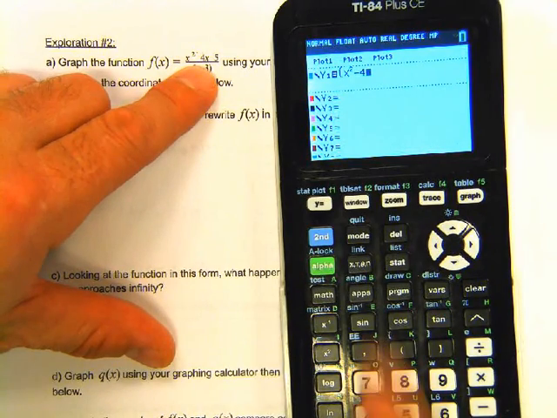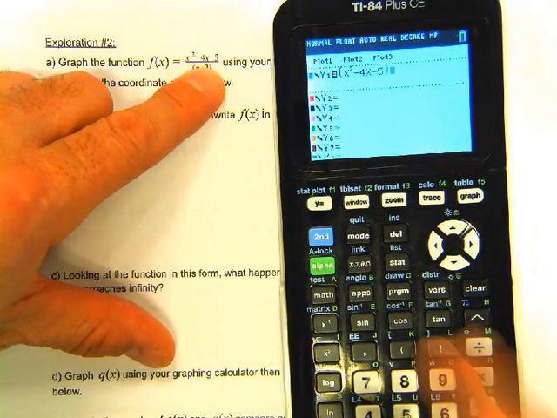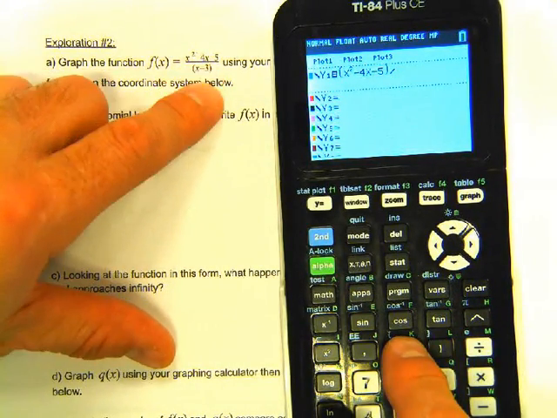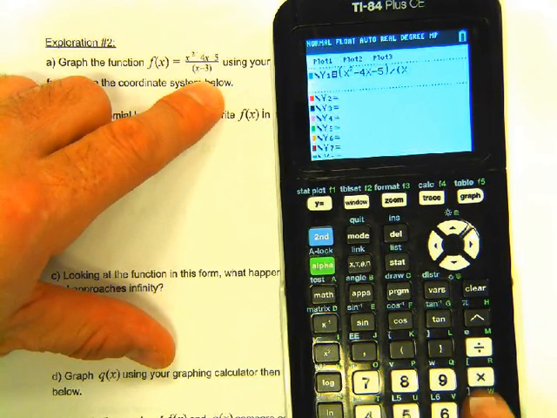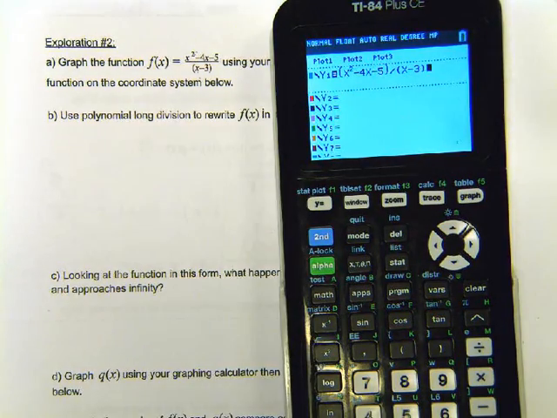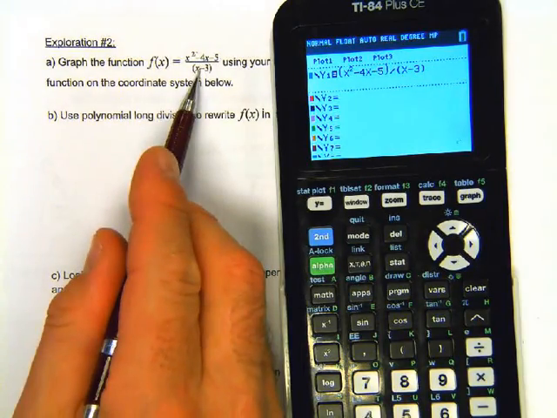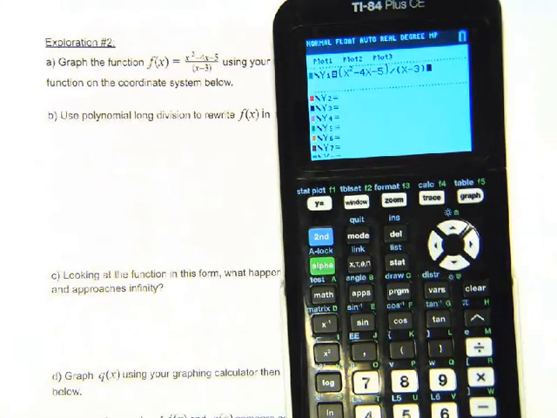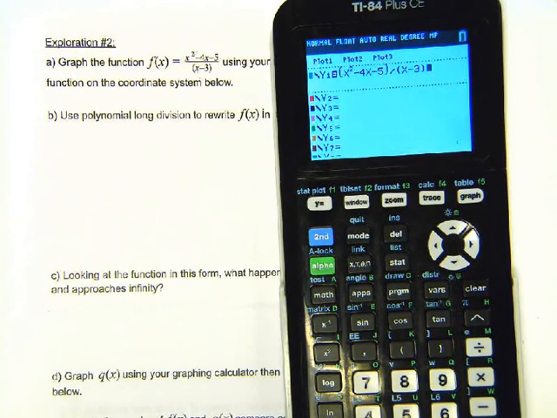So parentheses, x squared minus 4x minus 5 divided by parentheses, x minus 3. Would it be double parentheses in the denominator? No, because there's only one linear binomial there.